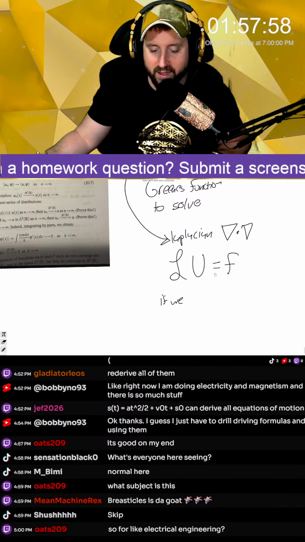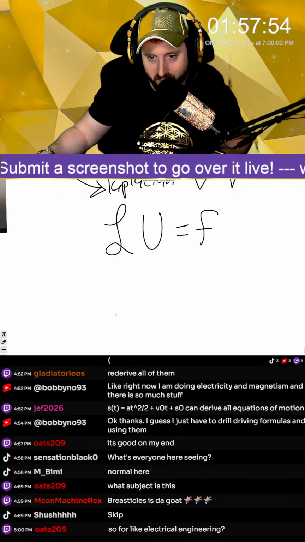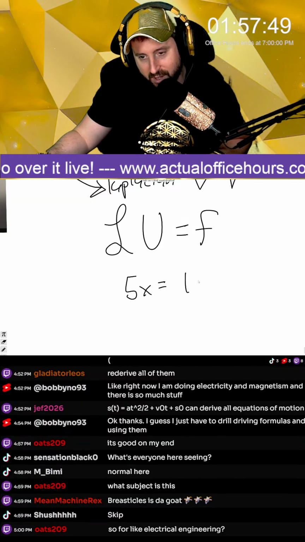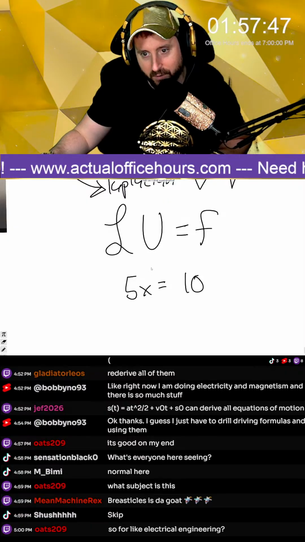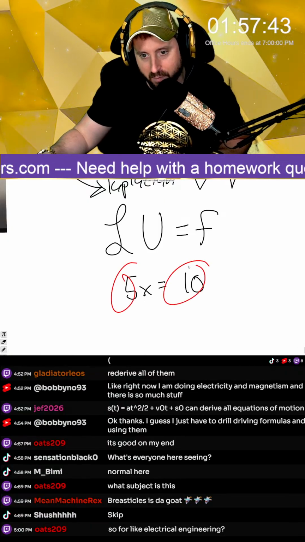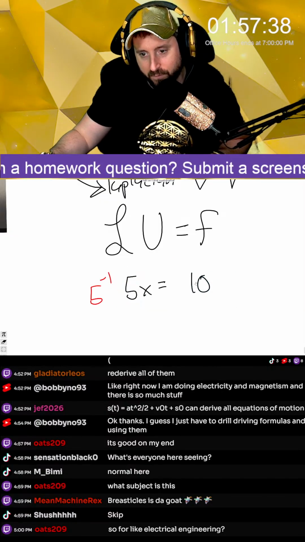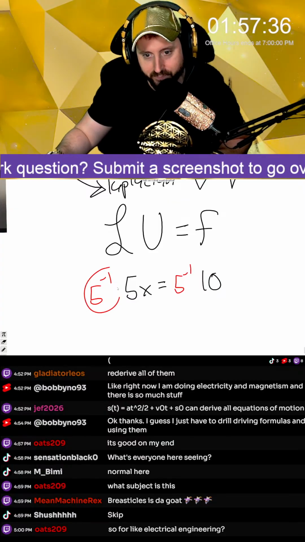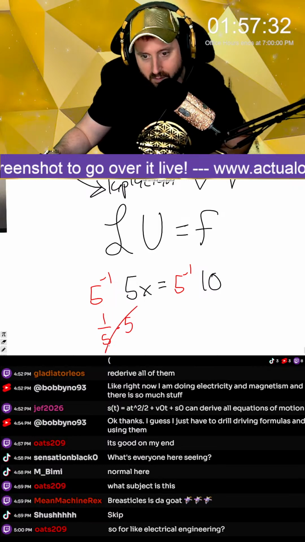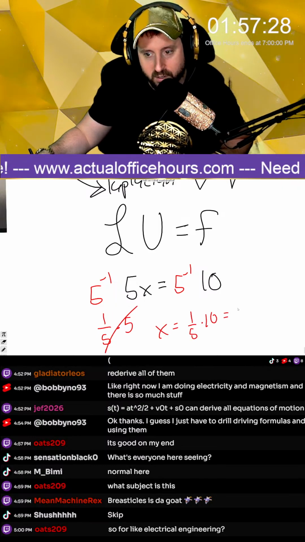It's cool how you can distill this to a 6th grade level. For instance, if you had 5x is equal to 10, what you're doing is acting the inverse on both sides. So 5 inverse, which is the same thing as 1 over 5, acting on 5, these cancel. And then you're left with x equal to 1/5 times 10, which is equal to 2.